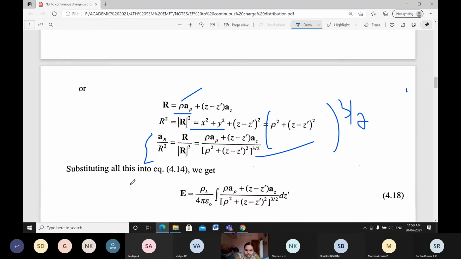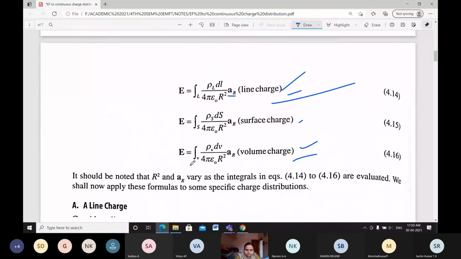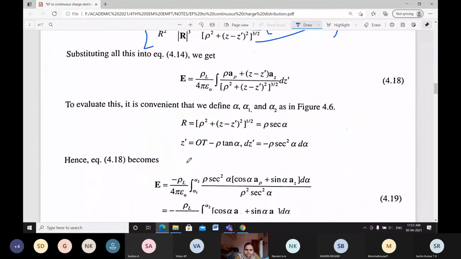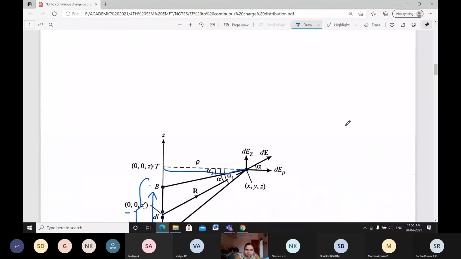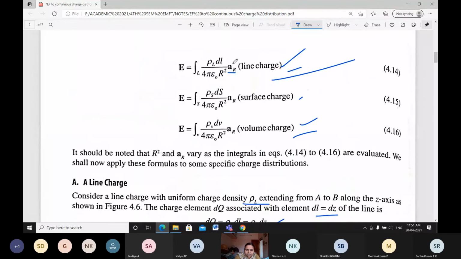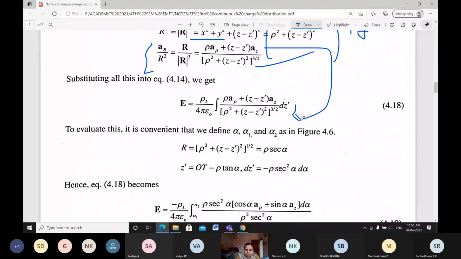Then substituting this in the field intensity equation, E is equal to rho L divided by 4 pi epsilon naught, times aR divided by R square, replaced with this equation: rho into a rho plus z minus z dash az, divided by rho square plus z minus z dash whole square, to the power 3 by 2, into dz dash.